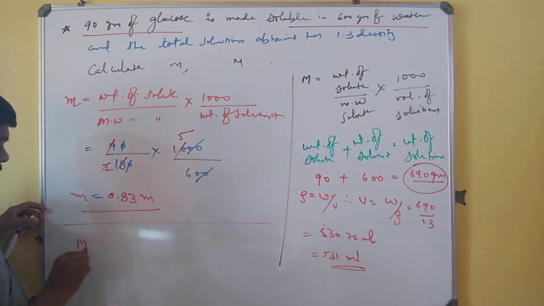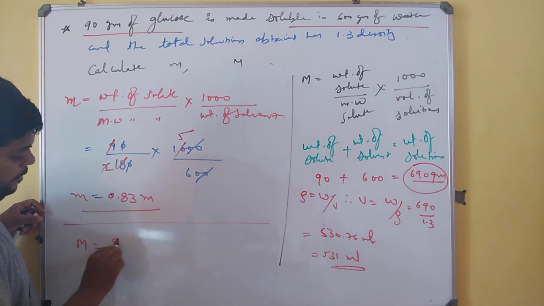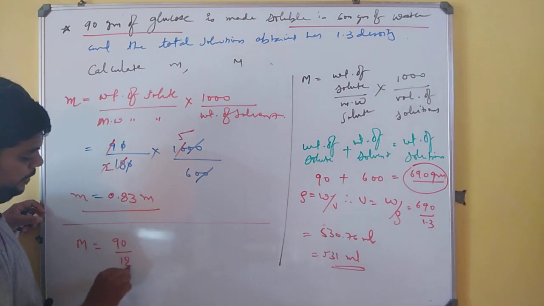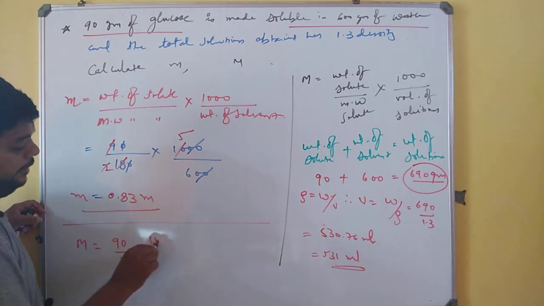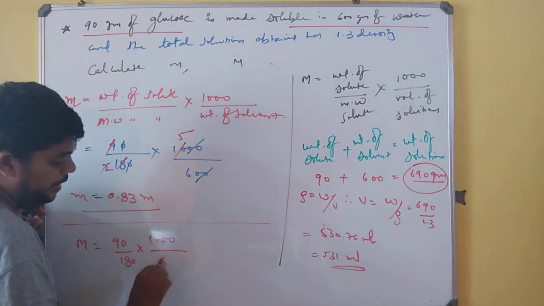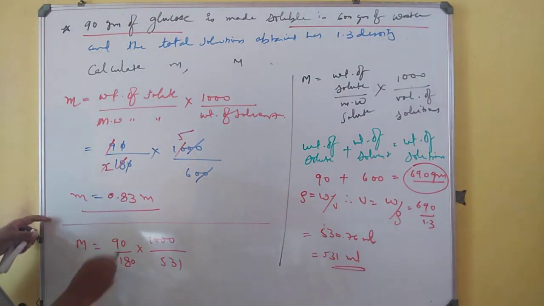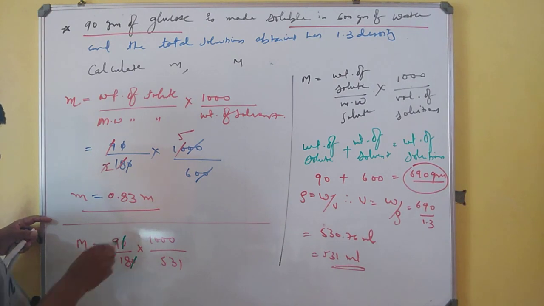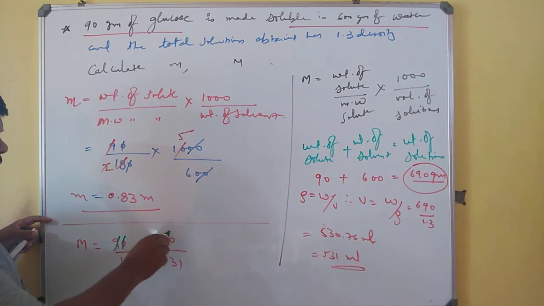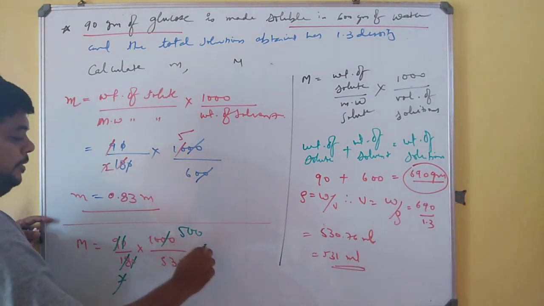Now let us put this over here and solve the equation. Molarity is equal to weight of solute 90, molecular weight 180, into 1000, divided by 531. So this will be eliminated, this will be eliminated.